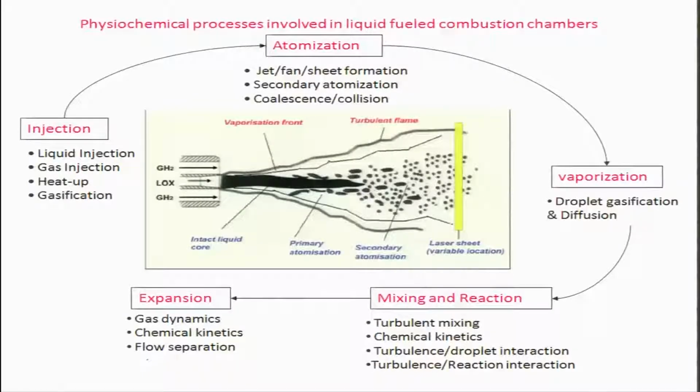I will try to give you an overall picture of liquid oxygen and gaseous hydrogen combustion in a rocket engine. This is a very simplified one. Here I have shown a liquid oxygen jet, which is the liquid itself, and it remains intact.